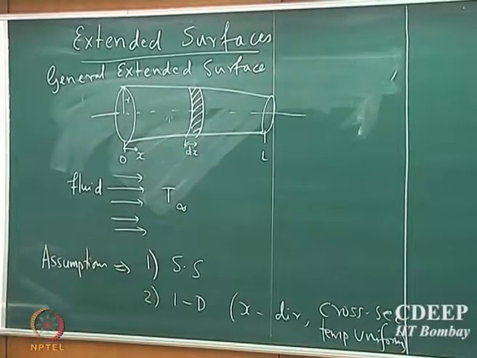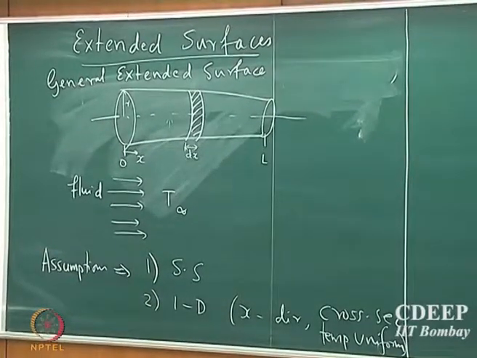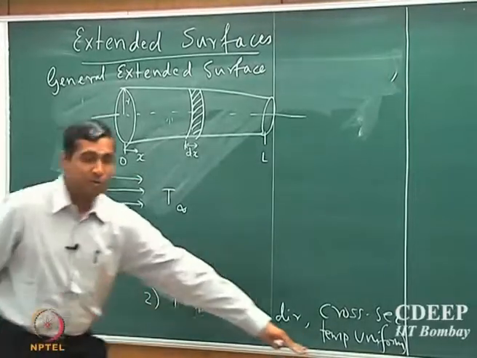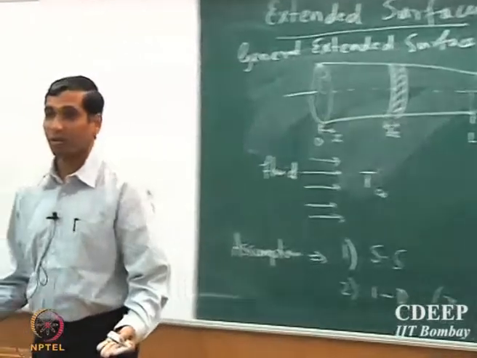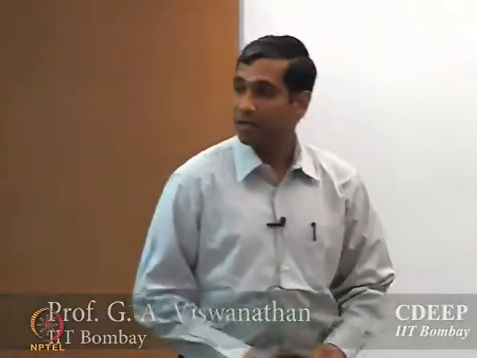If the aspect ratio is significant, if it is close to 1, certainly it is not correct to assume that the cross sectional temperature is uniform. There will be gradients in the cross section, and you will have to consider that, and that would require a multidimensional energy balance, which we will see a few lectures down the line.